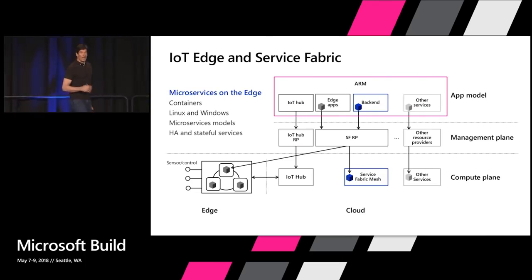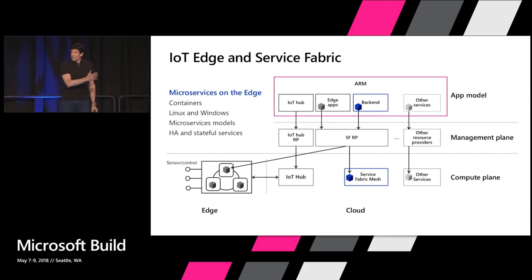Now, as you heard in the vision, the world is a computer, and one aspect of that vision from an infrastructure perspective is taking all the programming models, all the infrastructure, the microservices that you design and develop for the cloud, and trying to support them as far down the device spectrum as we can, down to the edge, which would be your MCUs, your Azure Sphere type devices that are very tiny.